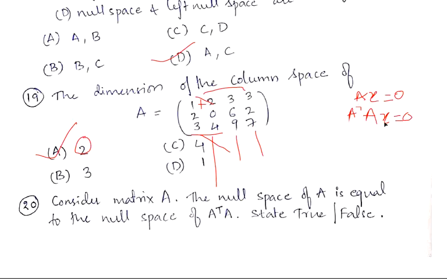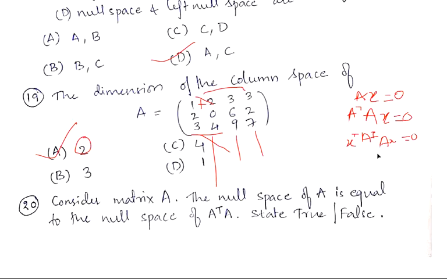So A transpose into AX. So again I can multiply like this: X transpose A transpose, then AX is equal to 0.